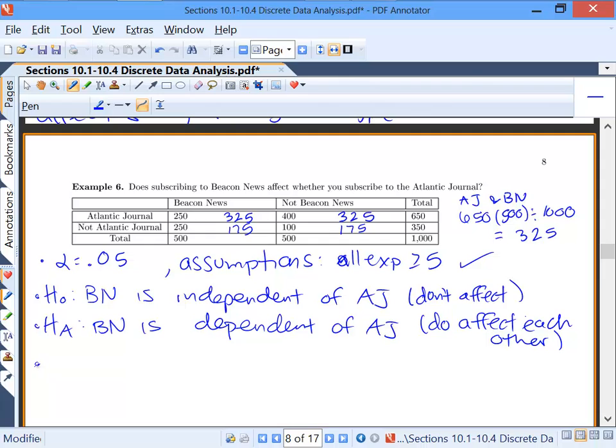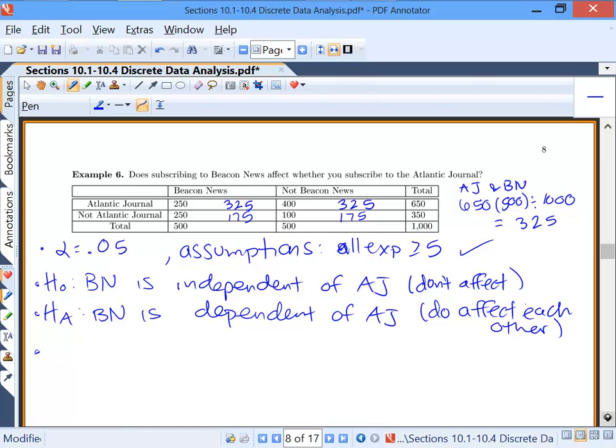So our test statistic, we're going to find out. Once again, try this on your own so you can get the same answer.